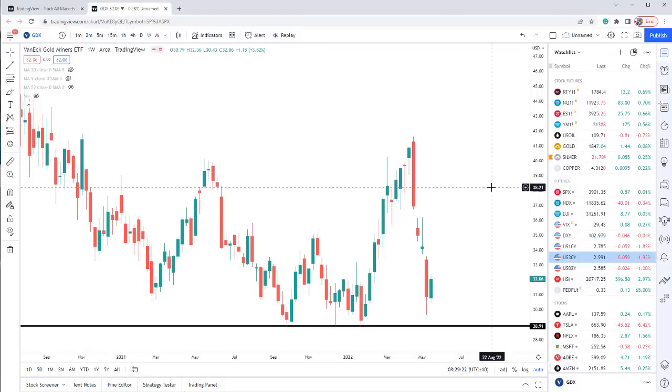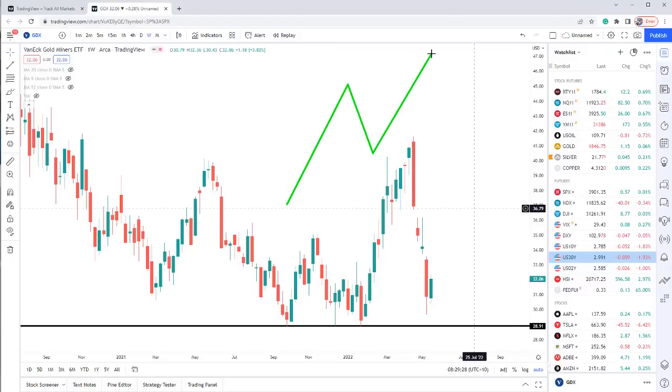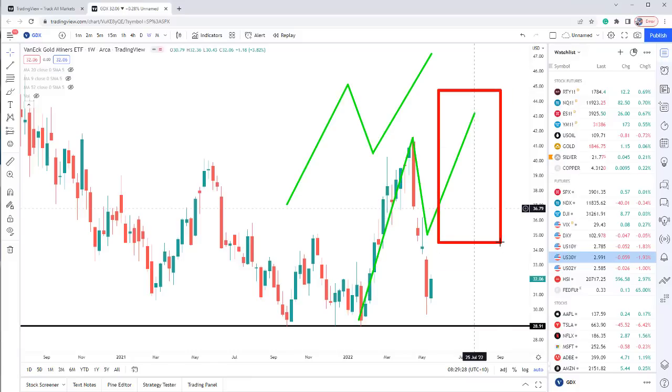Remember I was saying before, if you've watched this entire video, that I'm looking for the market to create a significant higher low, right? We need something to move up and a move down and a significant higher low. We got this big move up, and I was looking for that higher low. And if you remember, I was saying that once we get this is when the meat and potatoes is going to happen. That's what I want to see.